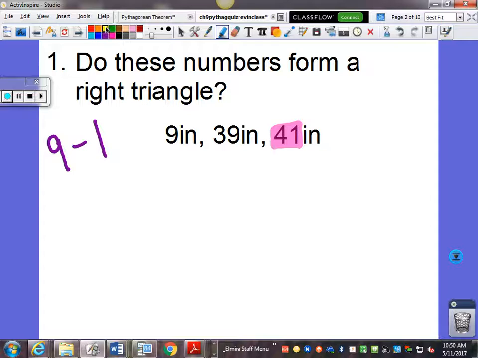Alright, because in a right triangle the hypotenuse, or the C, is the largest number. The other 2 numbers will represent the legs. They're the smaller 2 numbers. Okay, then to start every Pythagorean theorem question, we write the formula. It's like writing a topic sentence in English class for your paragraph or your essay. Okay, it's how you start off the question.